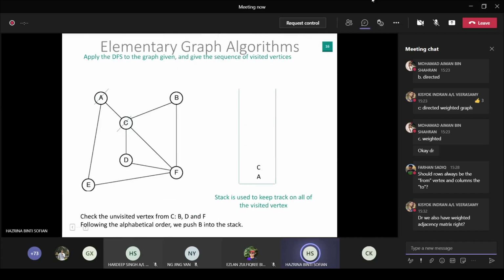Next, because DFS is related to connectivity, since the last vertex that we visited was C, we check what is connected to C. We can say that C is connected to B, D, and F. So following the alphabetical order, we push B into the stack.